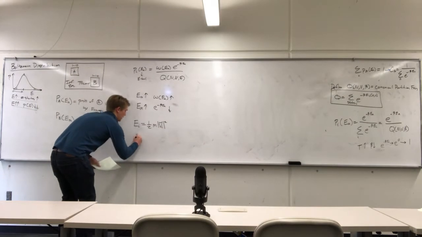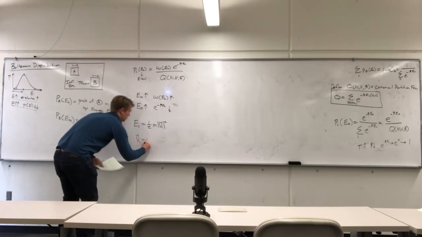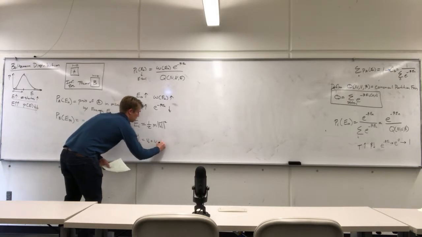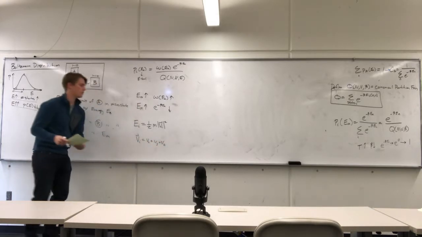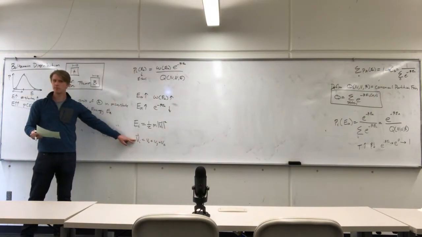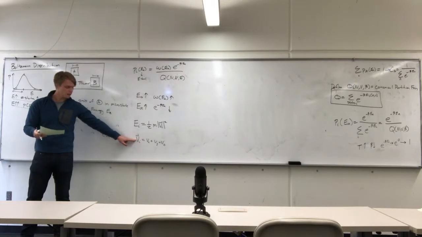Such that the velocity vector is going to have its sort of resultant components, I think is the term. I don't have my vector terminology quite ironed out yet.